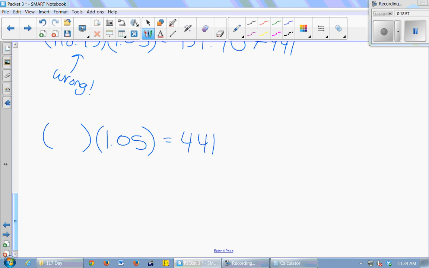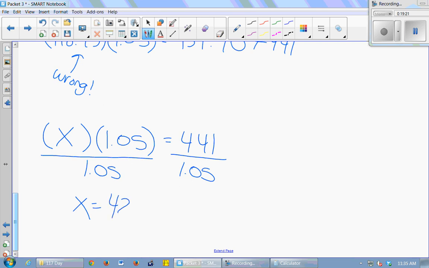How could I figure out what this something is? Divide both sides by 1.05. I could let this something be x, because that's what I don't know. Use a little bit of algebra from a previous class. Divide both sides by 1.05, and we get x is $420. That's the price before shipping.